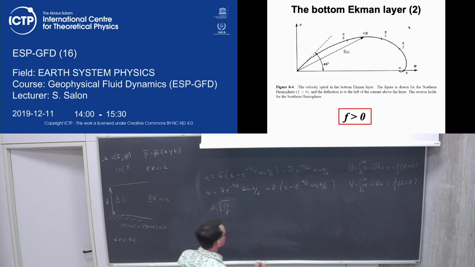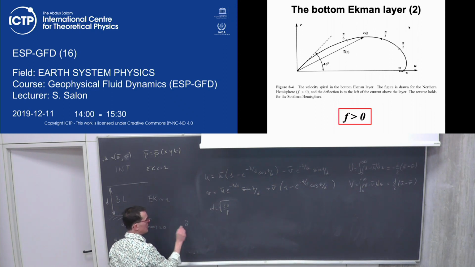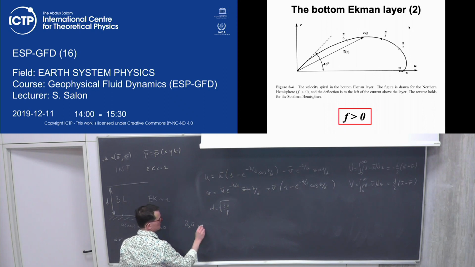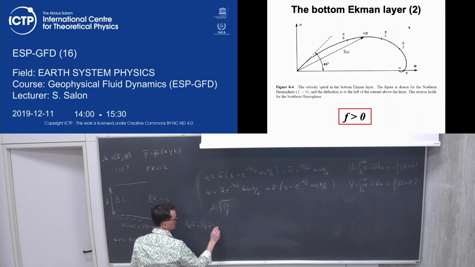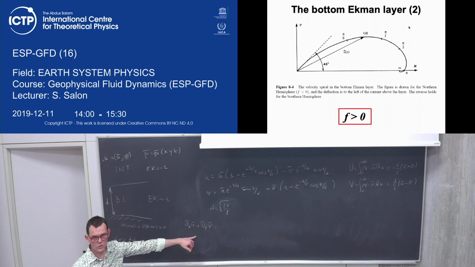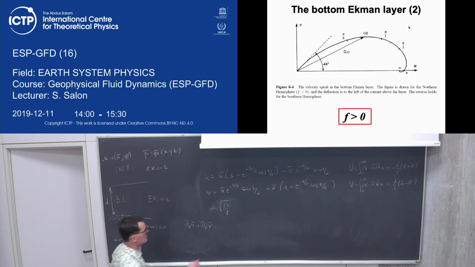So we want to ask something. You remember that on the F plane, how much was this? 0. So we remember that on the F plane, geostrophic flows are non-divergent. So I said, okay, is it the same for the transport?